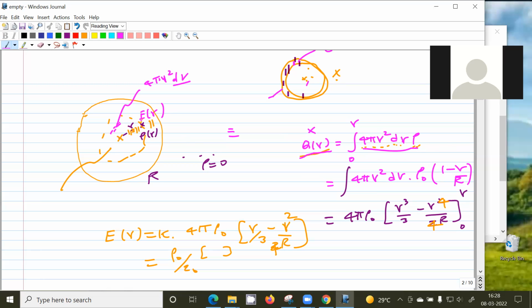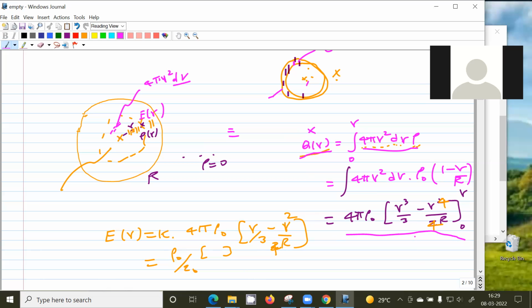That's what I need, right? So that integration, if you do it properly, gives r cube by 3 minus r raised to the power 4 by 4 capital R. Once I know that q, I have to do k into q by r square.